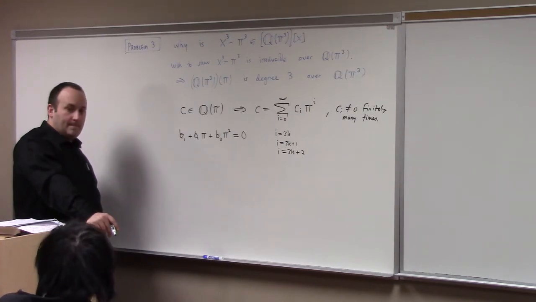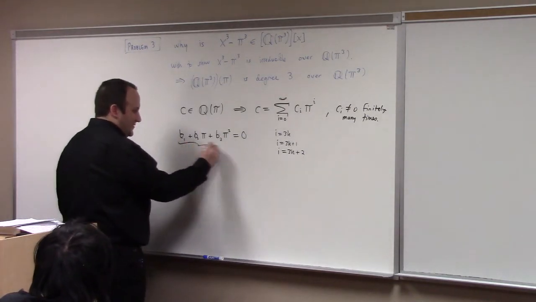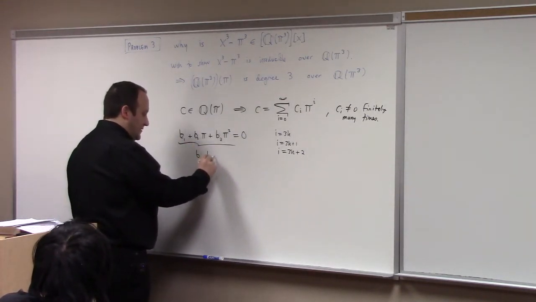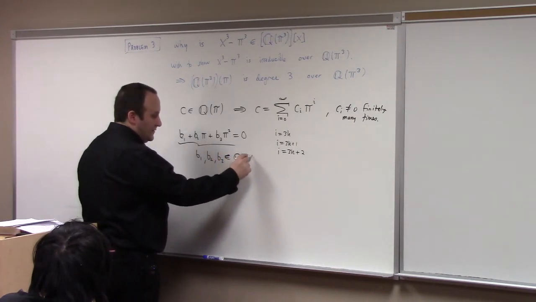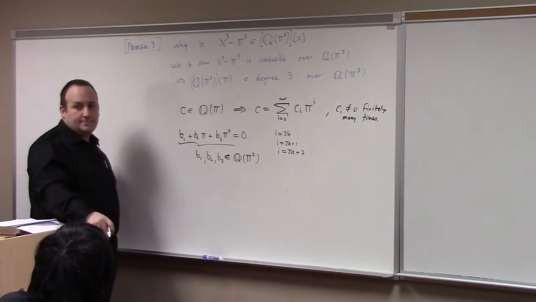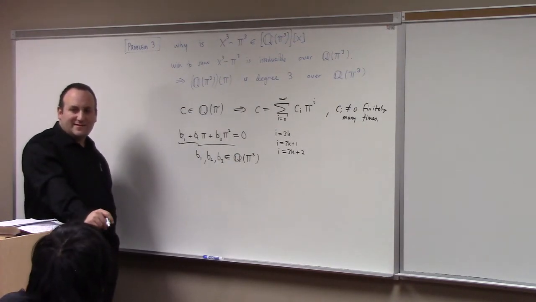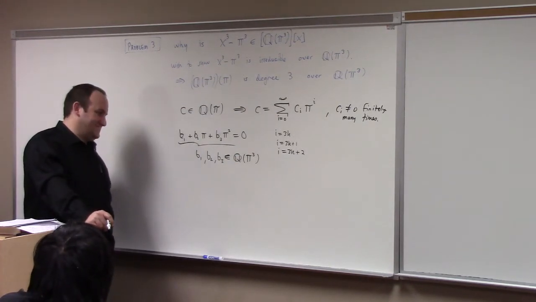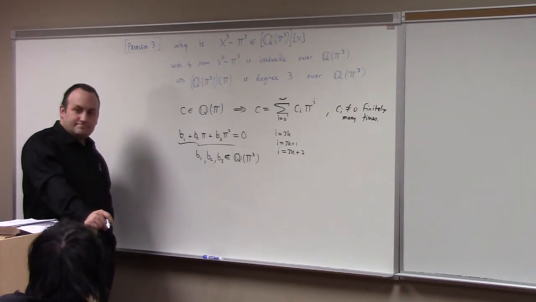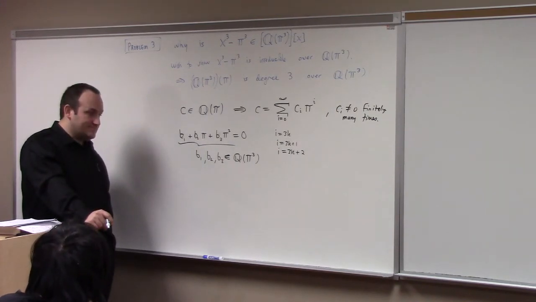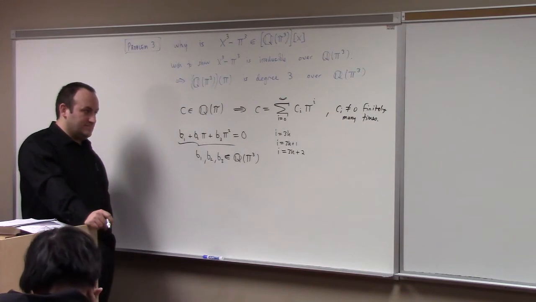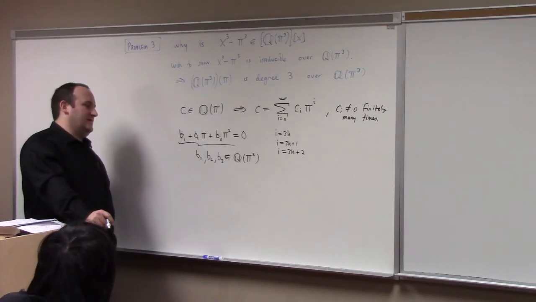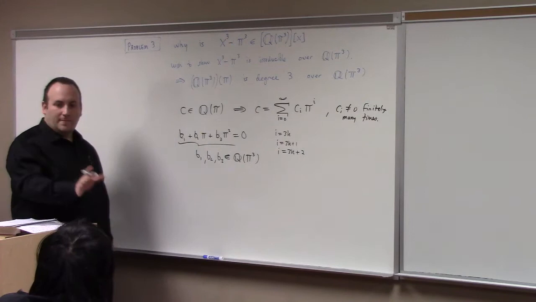Now here, to be clear for this discussion, we're talking b1, b2, b3 elements of Q adjoin pi cubed. Pi cubed, okay. Yeah, so since pi is transcendental, I haven't proved this, but I think that Q adjoin pi cubed will be a fraction field of an integral domain.